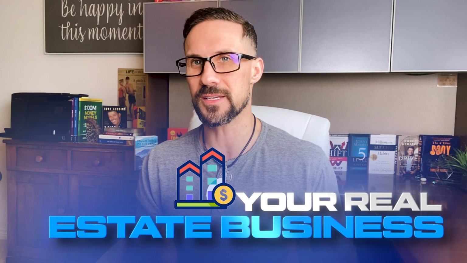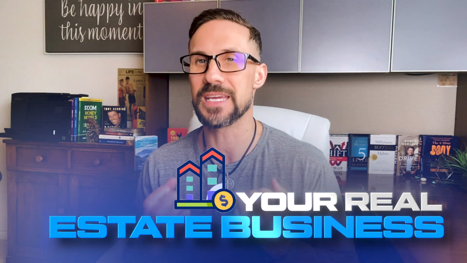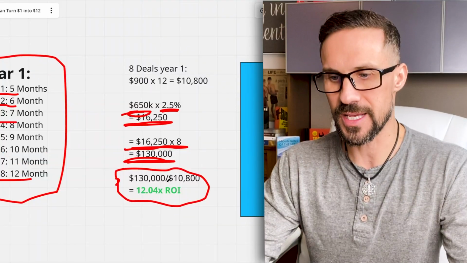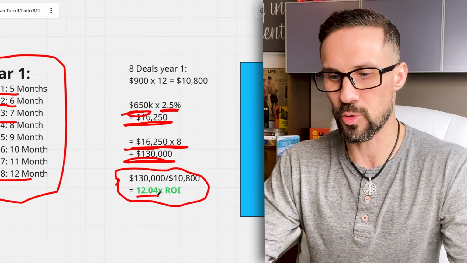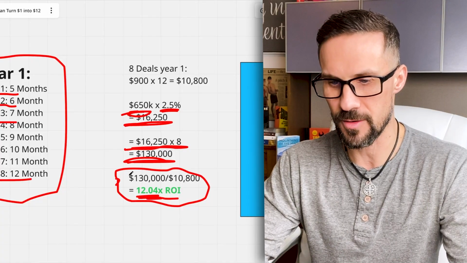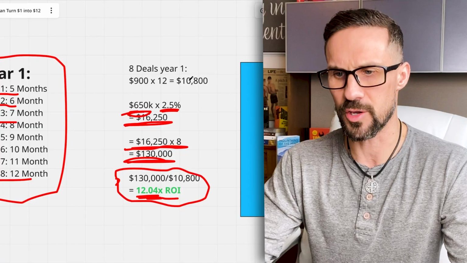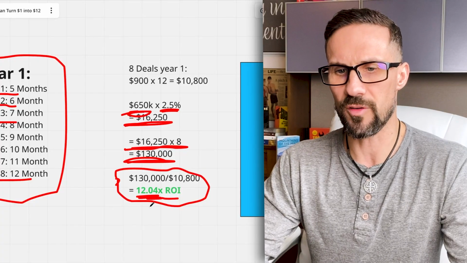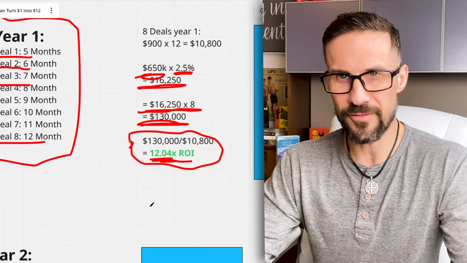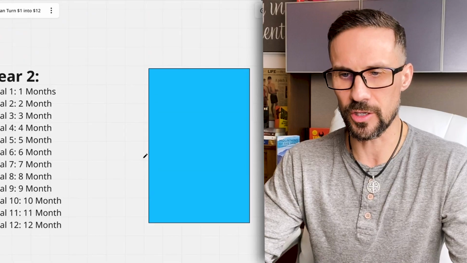This is why I say your real estate business can be the best investment you make in your entire life when you dial in a system like this and let it compound over time. So this is how you ultimately get a 12 times ROI on your money within 1 year. That's $130K in GCI divided by what you invested. That is 12 times.